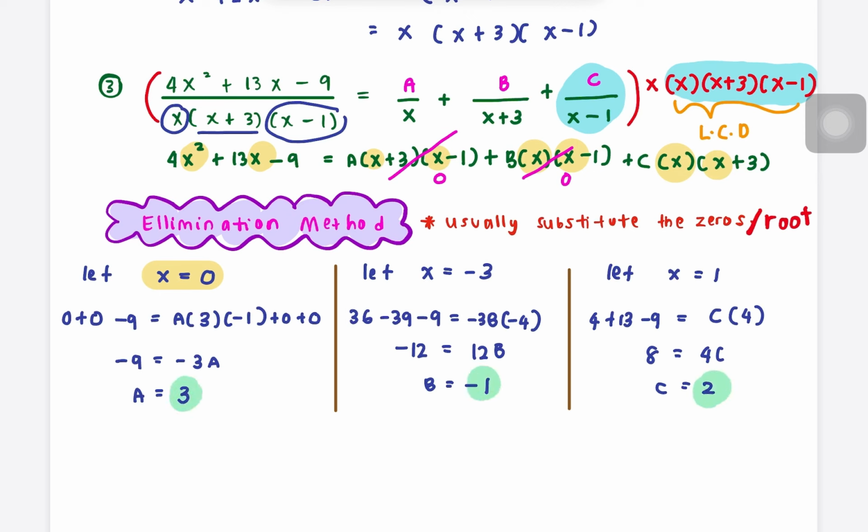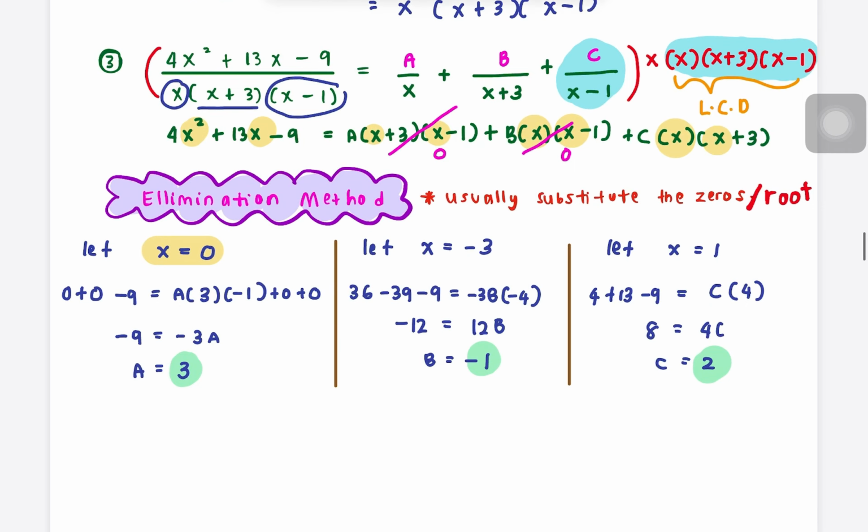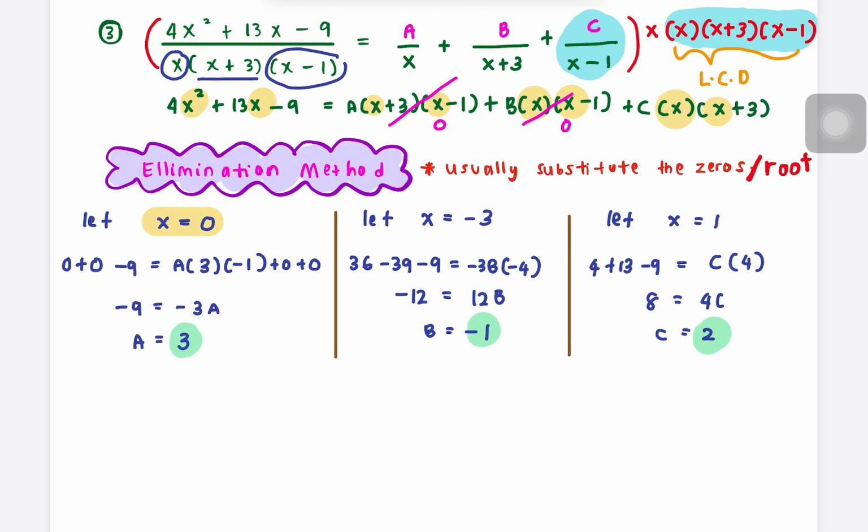But right now, you substitute A, B, C with the values that you have. So A will be 3. So 3 over x, the first decomposition. B will be negative 1. So minus 1 over x plus 3. And then C will be 2. So plus 2 over x minus 1.